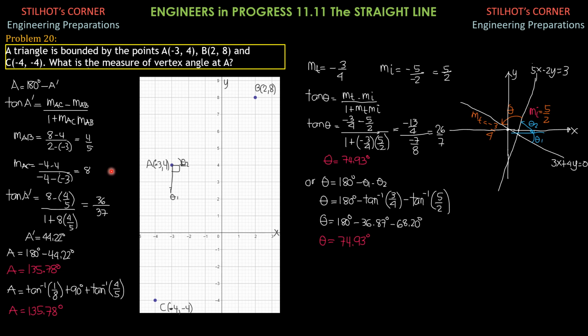The needed requirement for the technical means is just basic trigonometry. So these are the points A(-3, 4), B(2, 8), and C(-4, -4). This is the vertex angle A, which is obviously in this figure an obtuse angle.